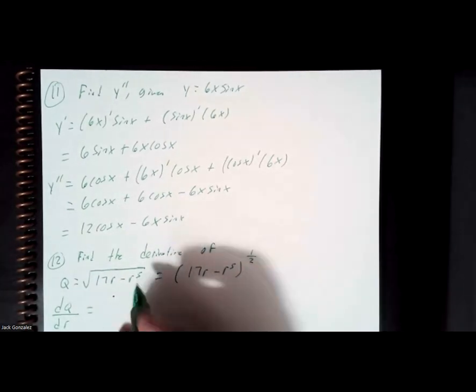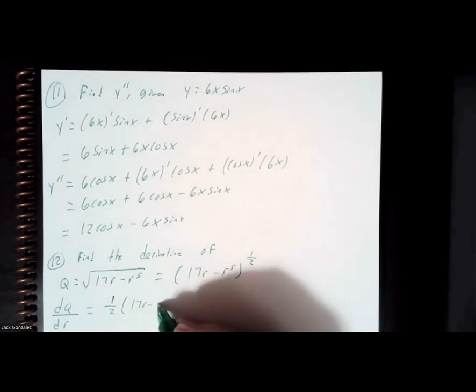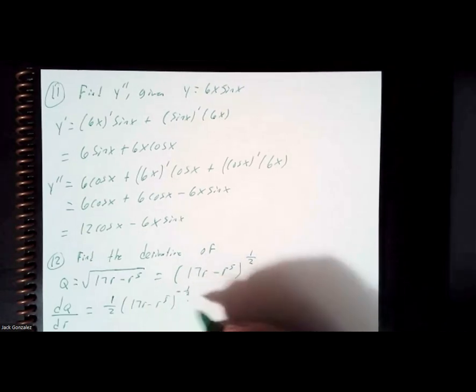To bring the half down. Subtract 1, that'll be negative half, times the derivative of the inside.